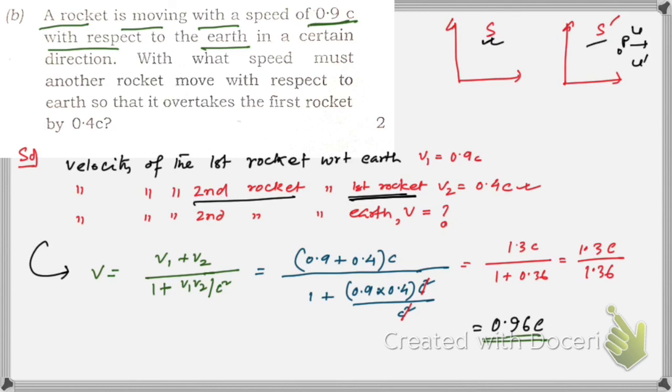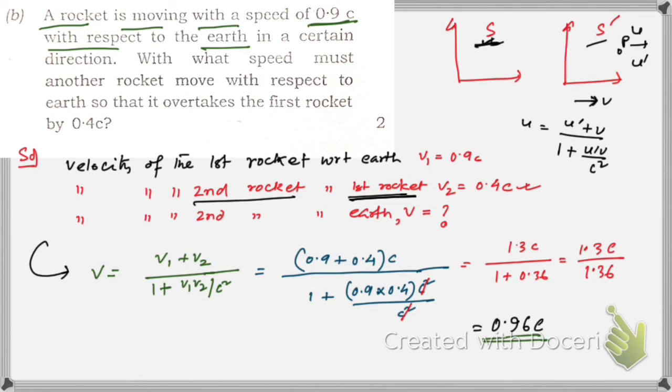S dash was moving with constant velocity v. In that case, with respect to S, the velocity of this particle P was obtained by the relation u equals u dash plus v by 1 plus u dash v by c square, right?